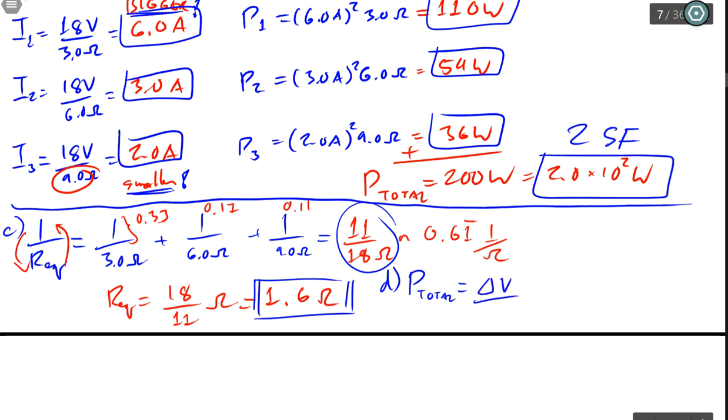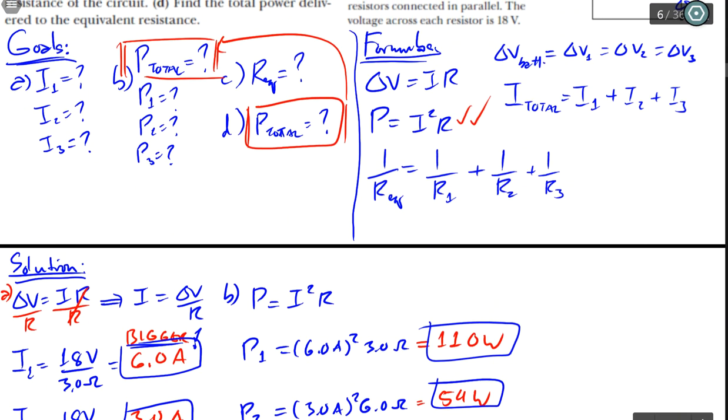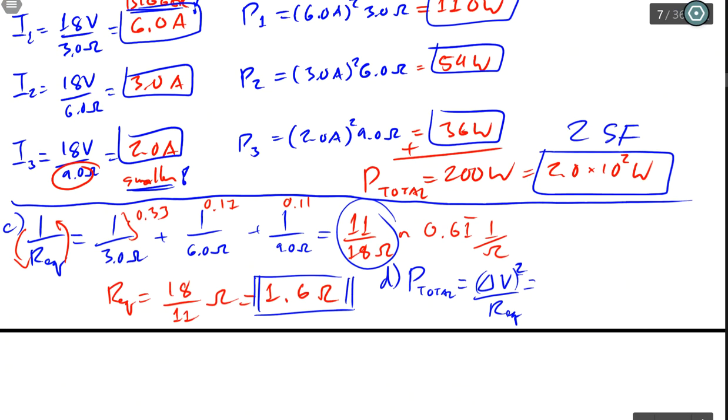The delta V squared over R, because we're given that from the battery, and this is the R equivalent. So I should have added that here. And that's 18 volts squared divided by the 1.6 ohms.